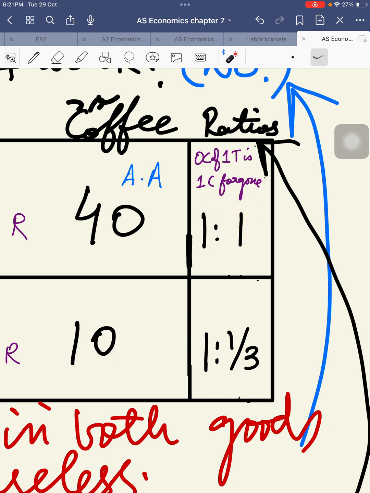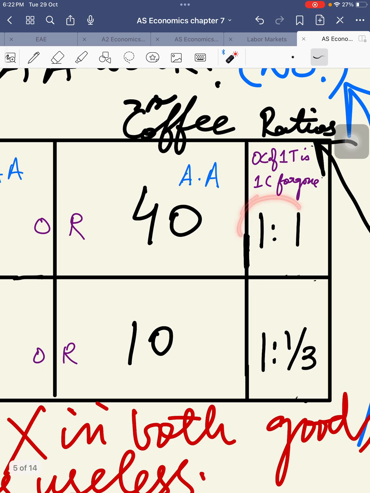Let's flip it. What is the opportunity cost of 1 coffee now? We don't need to flip it if we are able to figure this out, but let's suppose we want to flip it. That's still not an issue. The opportunity cost of 1 coffee is 1 tea forgone.